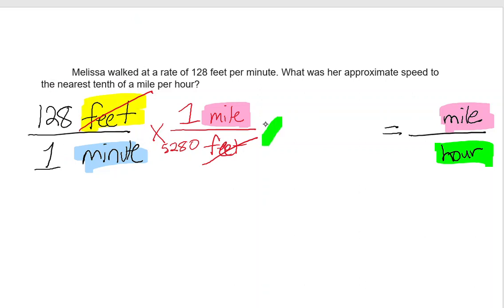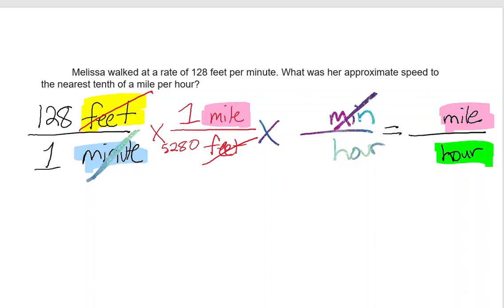So we're going to add another conversion factor. We want hours on the bottom because that's what our answer has, hours on the bottom. And we want minutes on the top because that's going to cancel the minutes that were on the bottom to start with.